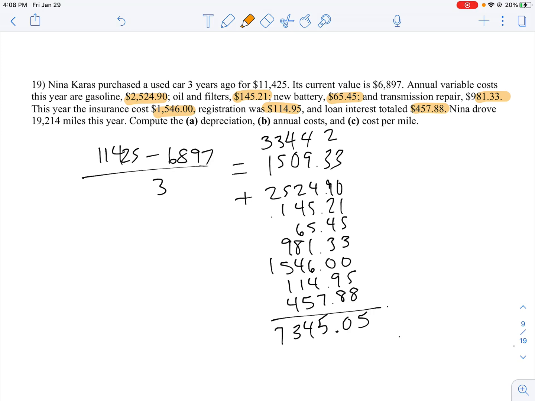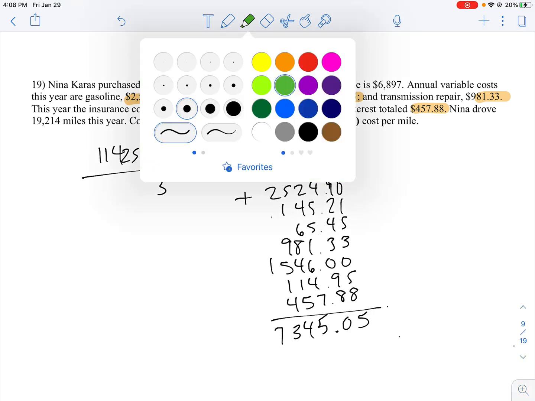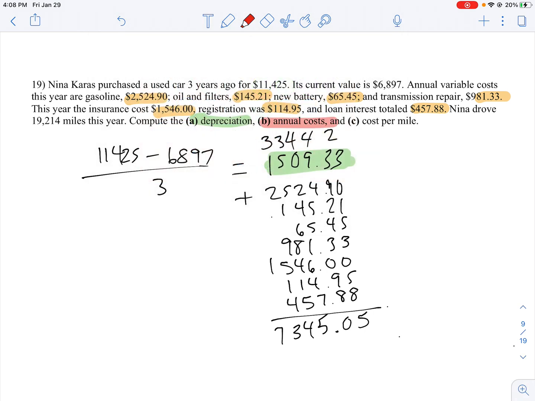In case you were wondering, here's the depreciation. Here's our annual cost. And then for our cost per mile, we're going to divide by the mileage, so divide by 19,214. So check my work, but like I said, I think I did this correctly.